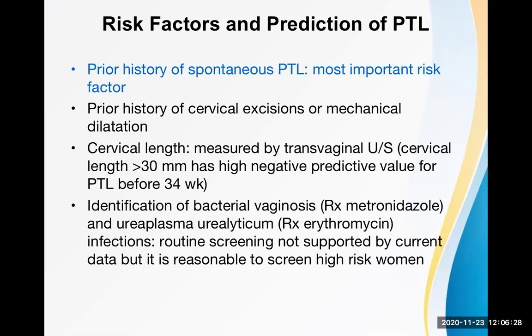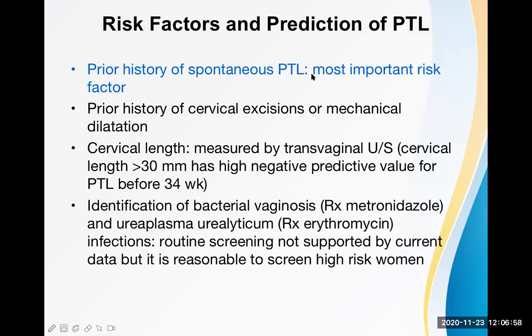Now, let's proceed further. What are the risk factors and prediction of preterm labor? PTL is preterm labor. Okay, let's talk about the risk factors and what is the prediction of preterm labor if those risk factors are present. If there is a prior history of spontaneous preterm labor, this is the most important risk factor.